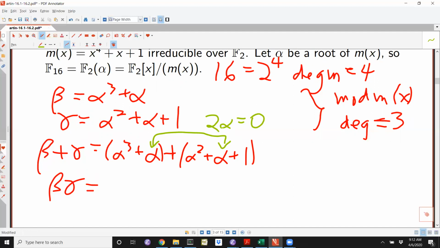So basically when you add elements of F16 written in this form, all you're doing is adding ordinary polynomials, but with coefficients mod 2, and so those two terms cancel out, and you get alpha cubed plus alpha squared plus 1. So everybody good with that so far?